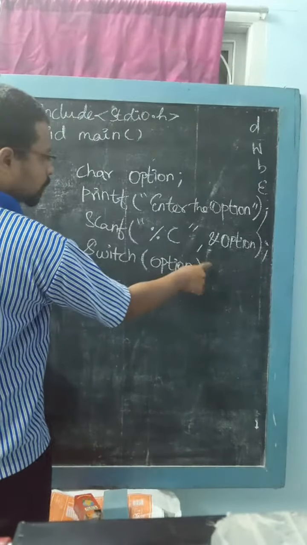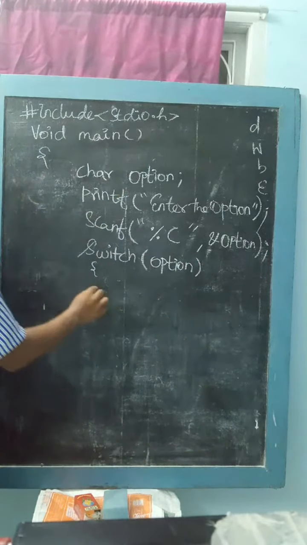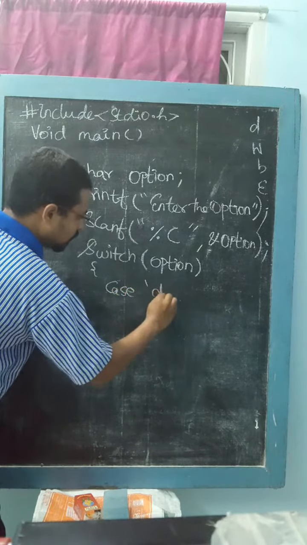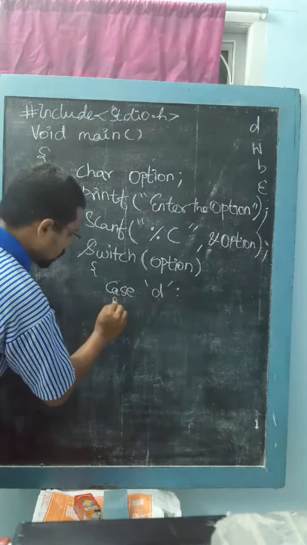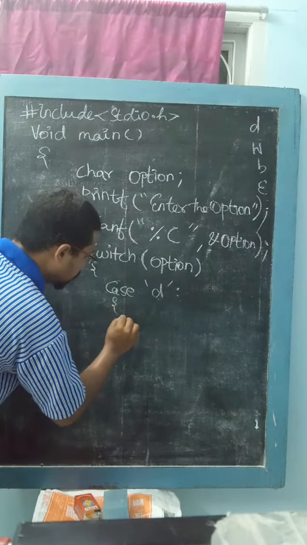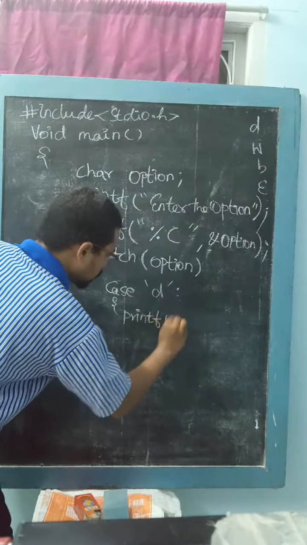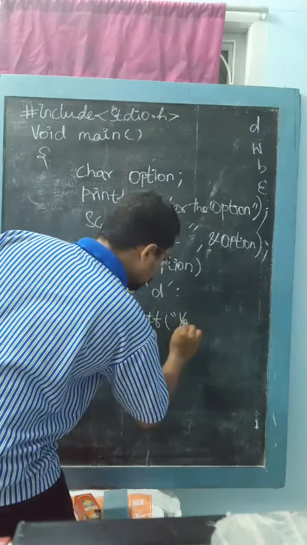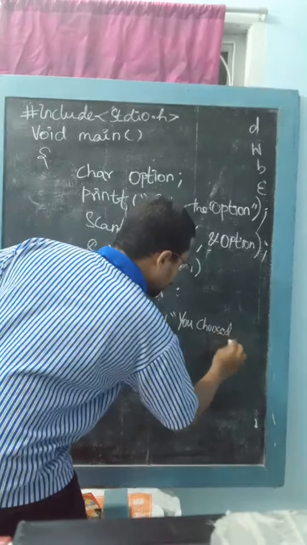There is no semicolon here. I am opening the block. How many cases? Number one, case D, D for deposit. Now I am going to tell printf, you chose deposit.